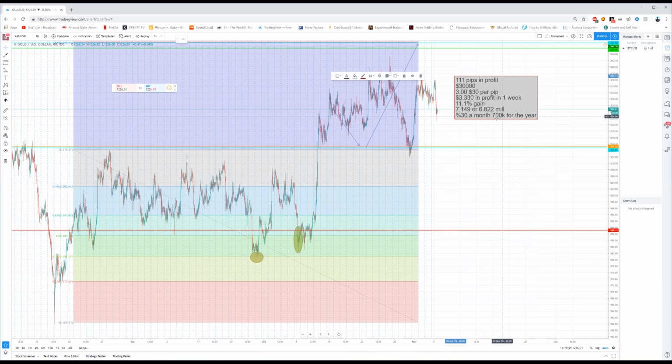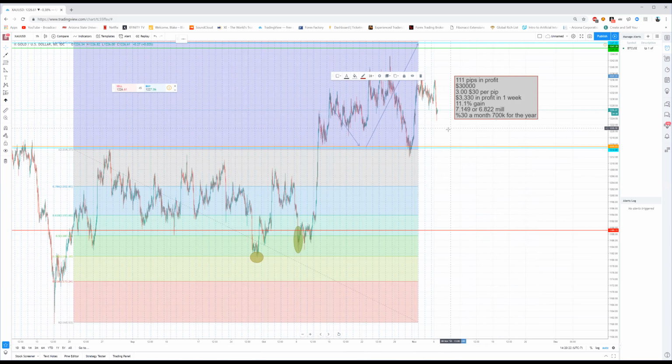That's absolutely nothing to scoff at. 30,000 to 700K, nothing to scoff at. But this 11% gain weekly, there's just so much more compounding that goes into that. That's why it's such a bigger number, even though it's less percentage, just because it happens so much more often.